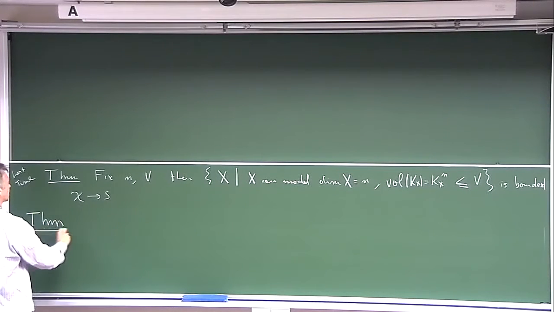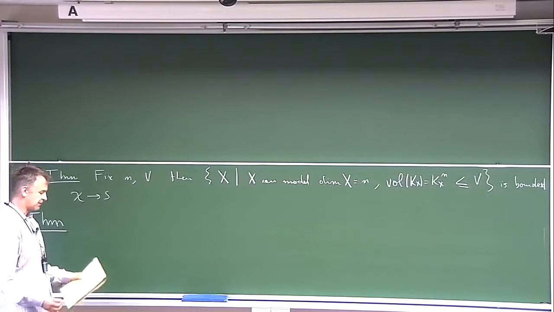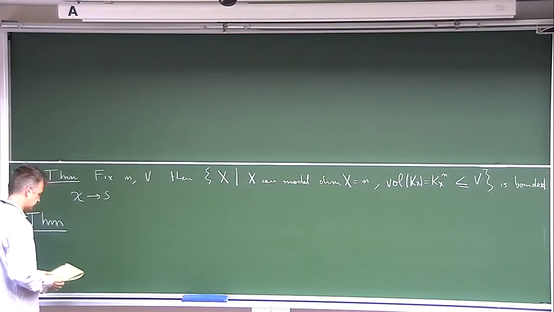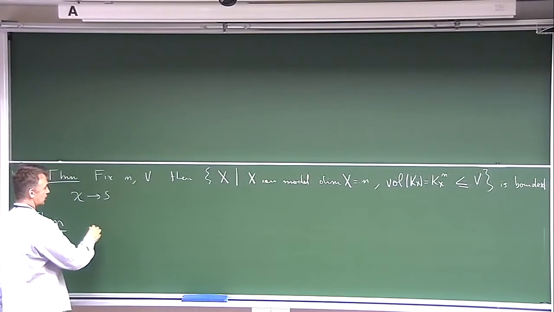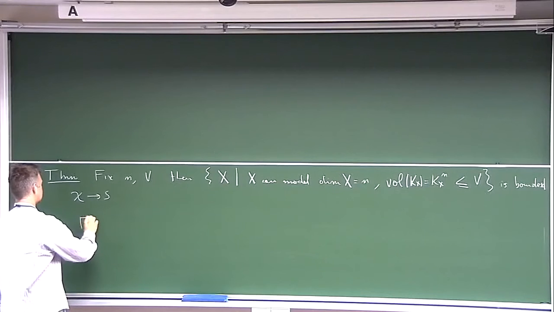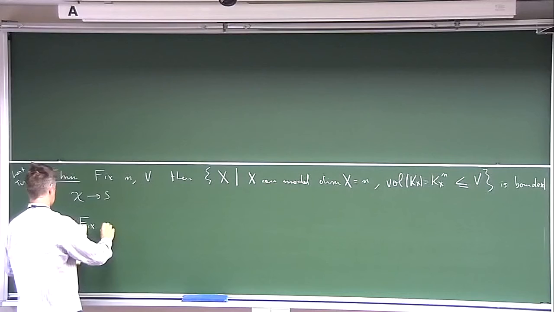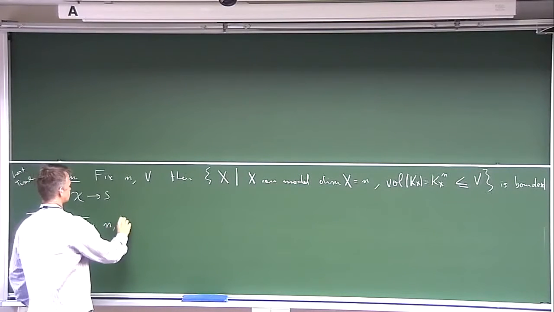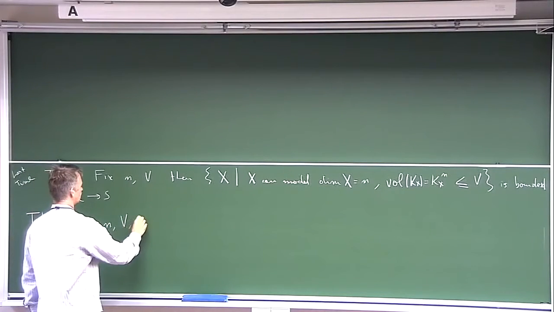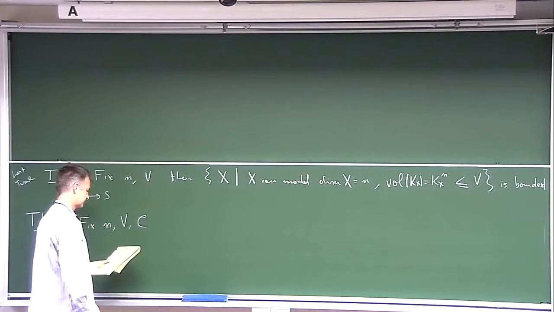explain how to generalize this result to the case of semi-log canonical models. For semi-log canonical models, I need to be slightly more precise in the data that I fix. I need to fix the dimension, the volume, and also a set of coefficients.